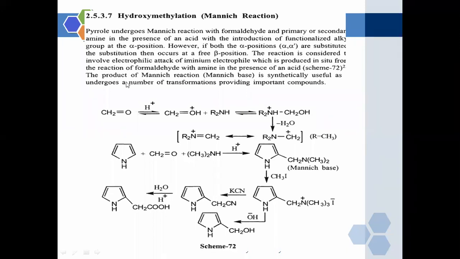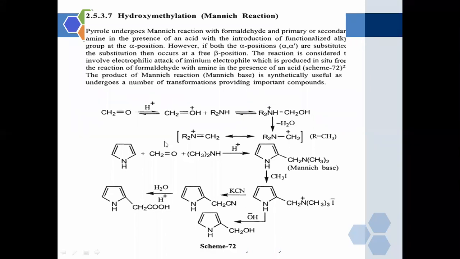When pyrrole undergoes Mannich reaction, it reacts with formaldehyde and a primary or secondary amine in the presence of acid, so there is an introduction of a functionalized alkyl group at the alpha position.